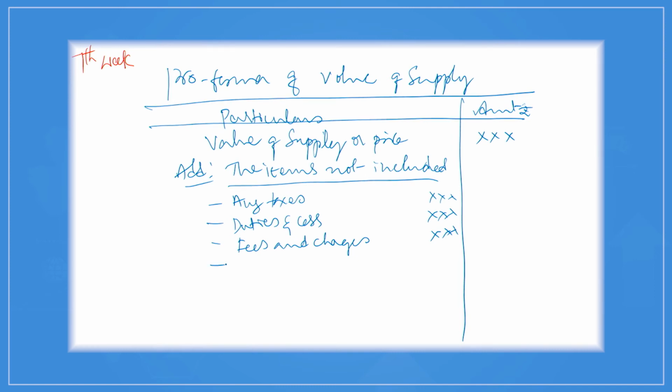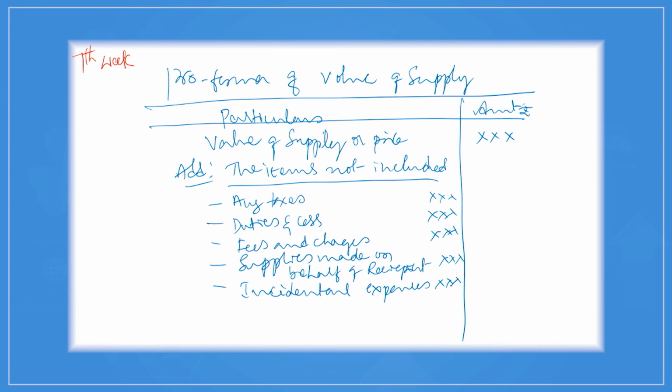Next one, supplies made by the recipient on behalf of the supplier, supplies made on behalf of recipient. Next, any incidental expenses, charges for delayed payment.